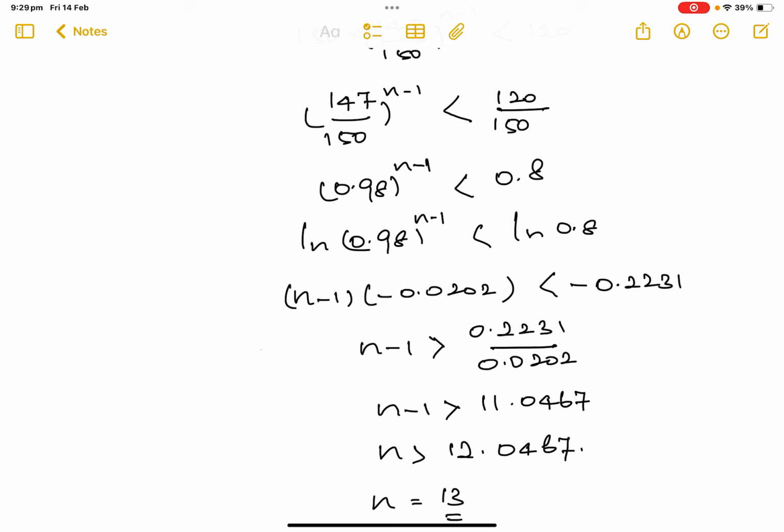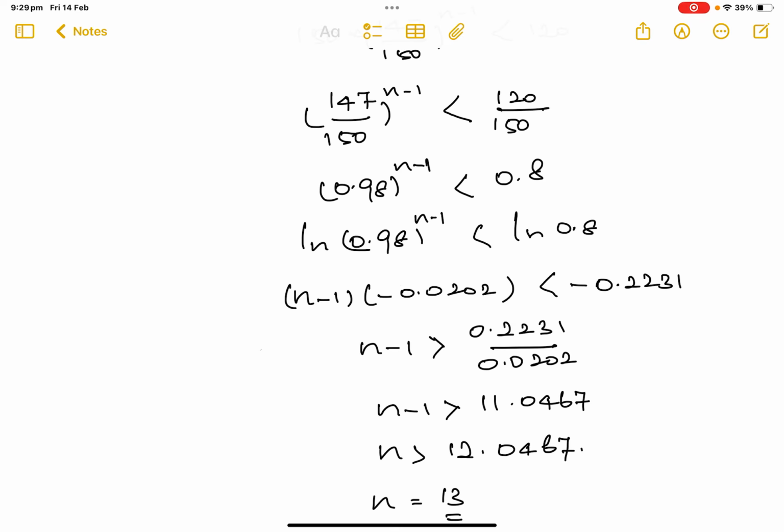Then to solve this, of course we have to take logs. It can be base 10 log, but I just used ln. So ln of 0.98 to the power n minus 1 is less than ln 0.8, taking logs of both sides.